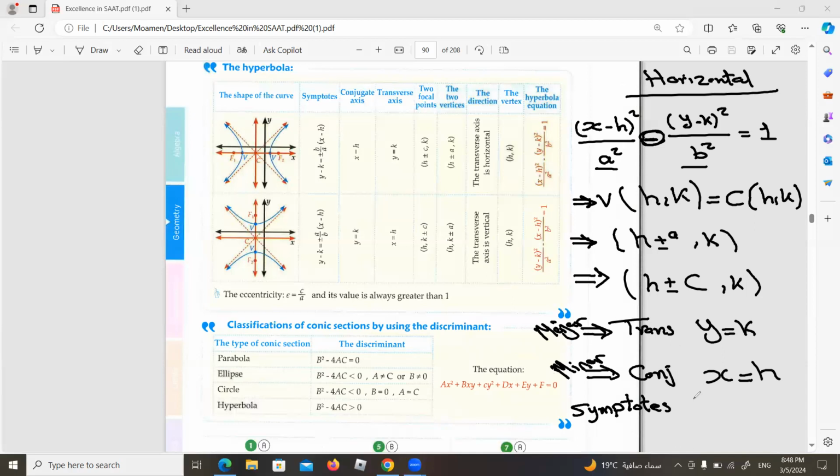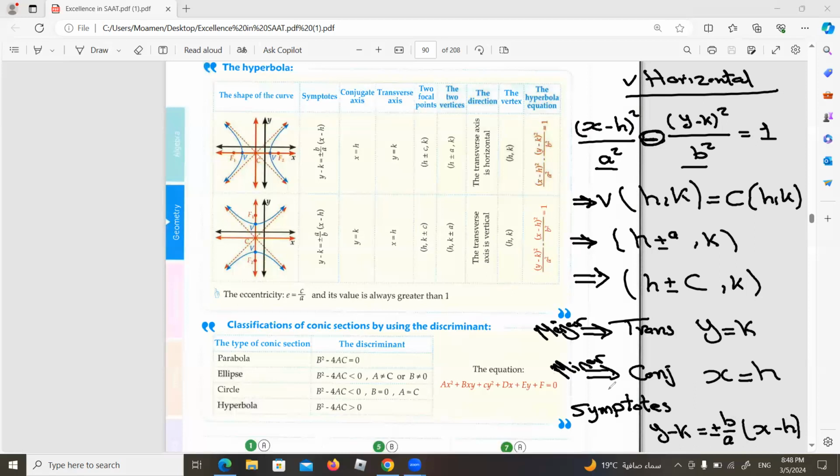So how can we get the equation of the asymptote? The equation of the asymptote means an equation of a straight line. In the case of horizontal, it will be y minus k equals positive or negative b over a times x minus h.